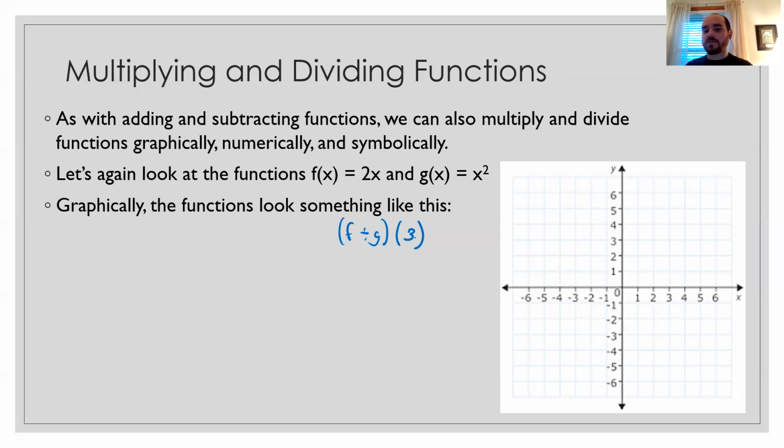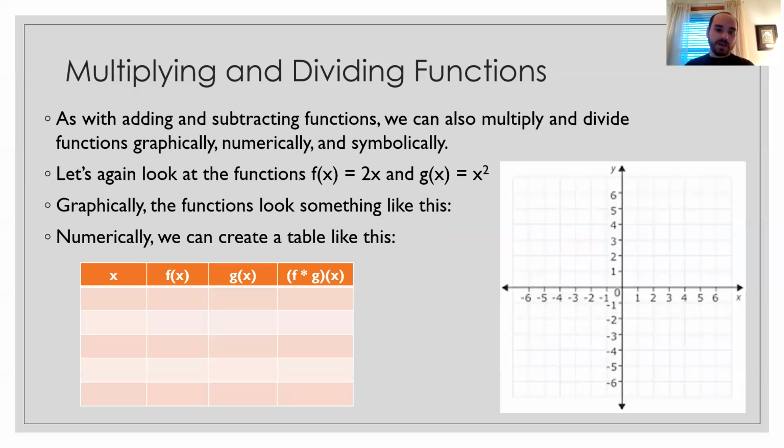So you'd have 6 divided by 9, which would be 2/3. We could solve this graphically just by finding the actual points. So we'd find what f of 3 is on our graph of f of x, and then we divide it by what g of 3 is. And in this case, that gives us 6 divided by 9, which reduces to 2/3.